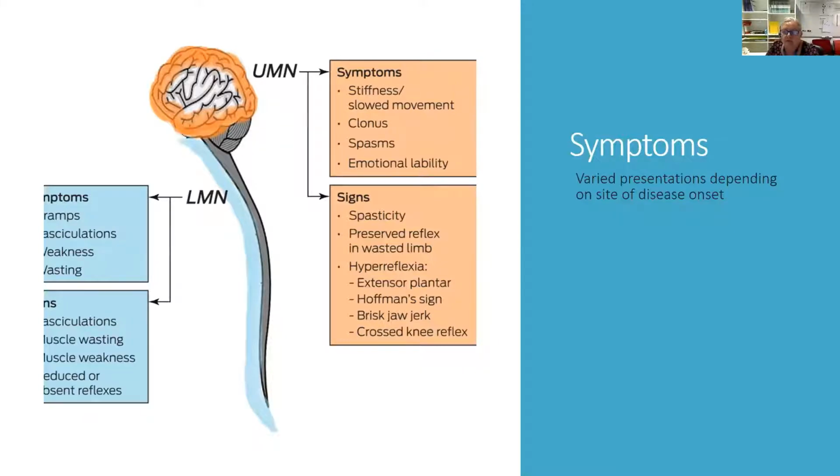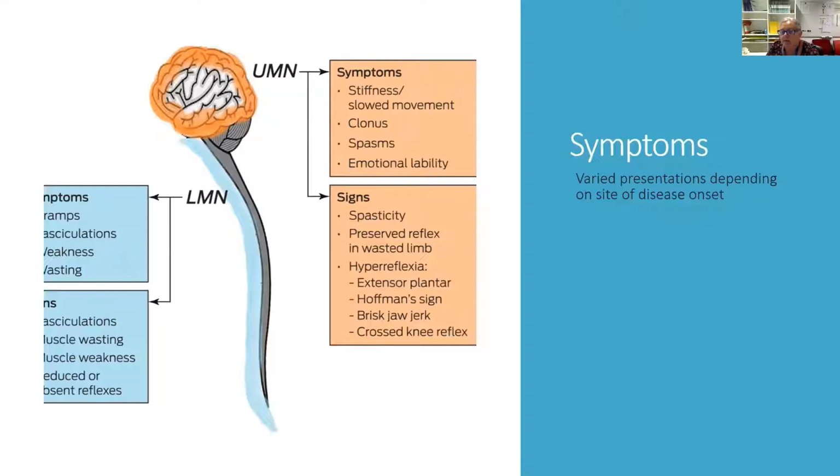The most common form is ALS, and with ALS you do have a combination of both upper motor neurons and lower motor neurons. But some people with progressive lateral sclerosis usually just have the upper motor neurons, whereas someone with the flail arm type or the bulbar onset type will have the lower motor neurons.